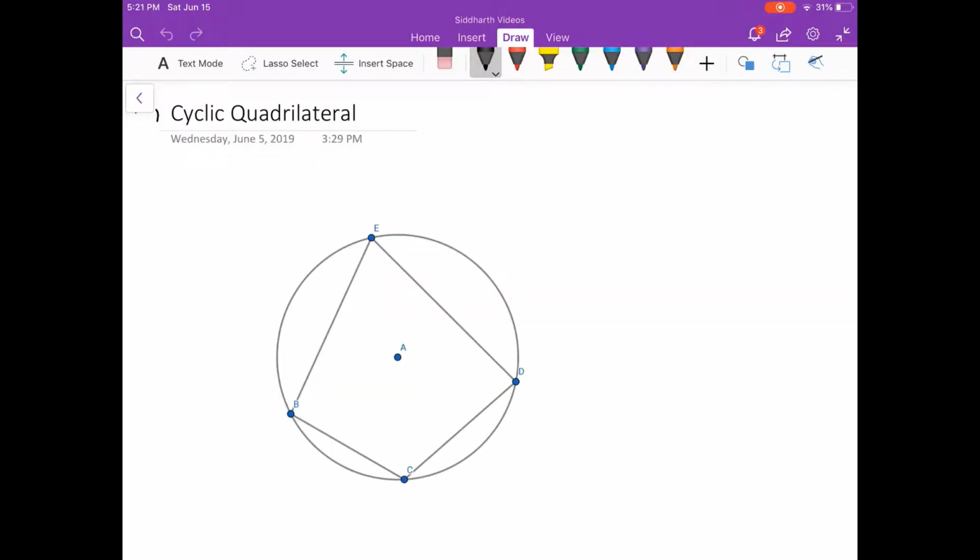Now in this theorem, we're going to talk about what is a cyclic quadrilateral. A cyclic quadrilateral is like quadrilateral EDCB, in which all the points are on the circumference of the circle. Let's see a few more examples.